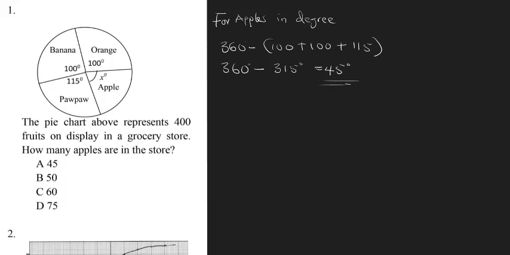So now we have to convert this 45 into number of apples. How are we going to do that? We're going to divide it by 360 multiplied by the total number of fruits, which is 400 from the question.